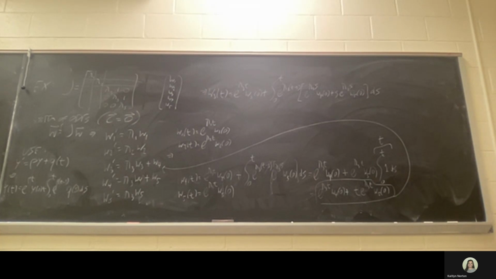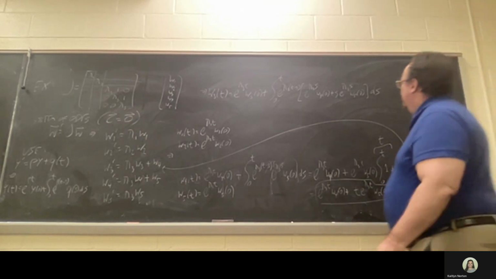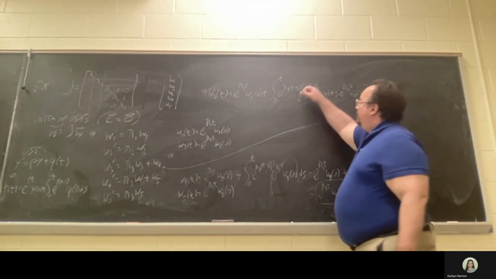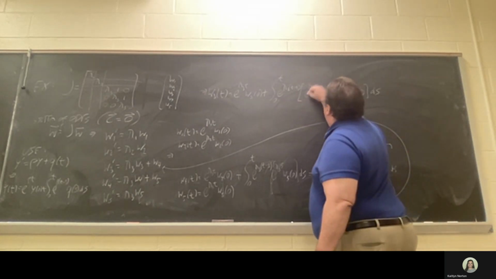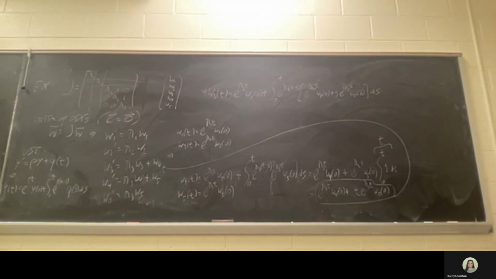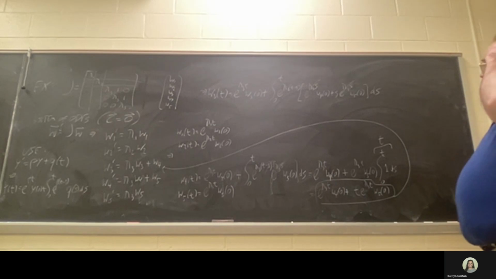Now for this, it's the same kind of simplification as before, because every term here has e to the lambda 3s, which will cancel with e to the minus lambda 3s over here. So that's gone, and that's gone. The integrals will simplify considerably.